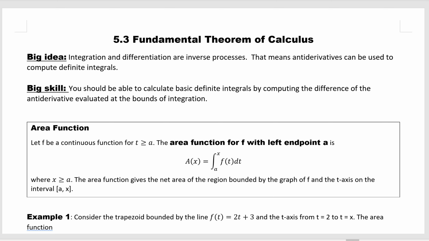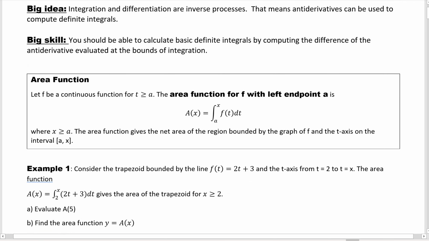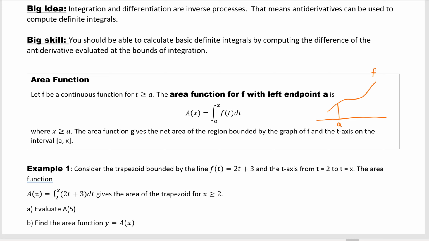Okay, so first of all, let's look at the area function. Let f be a continuous function for t greater than or equal to a. The area function for f with the left endpoint a equals, so here we draw the picture. Let's say this is our function f, this is a, this is the t-axis, this is the y-axis.